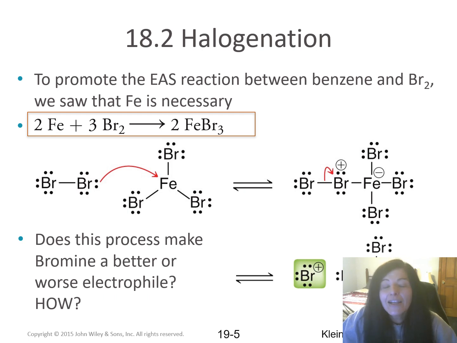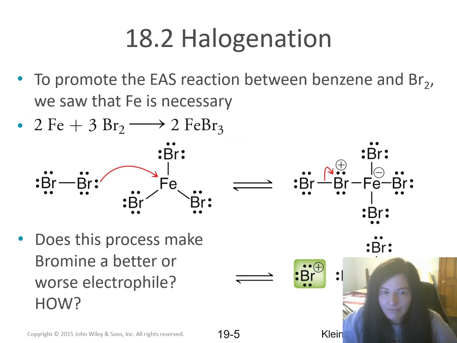Well, the iron reacts with the bromine to create iron tribromide, as we see here. This is a Lewis acid catalyst, so it can accept a pair of electrons from another Br2 molecule. This makes bromine a great electrophile.